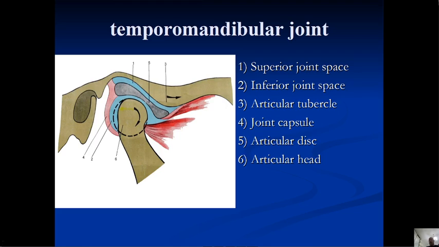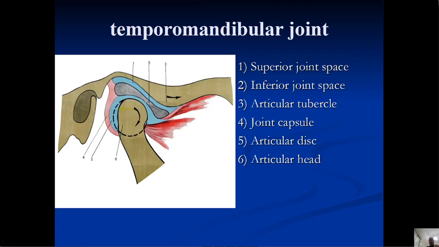The movements of the mandible: its opening, its so-called depression; its closing movements, elevation, by muscles which assist as elevators; and also its protrusive movement forward. This is a big movement.